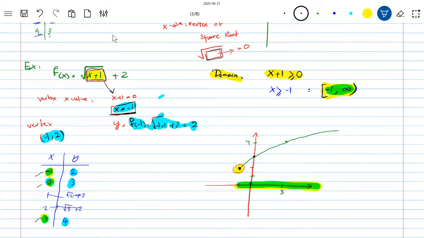These are the 3 points that I picked. And the corresponding y values became 3 and 4. I found those points and drew a curve through them. Now I have a graph for square root of x plus 1 plus 2. This is how the graph looks.